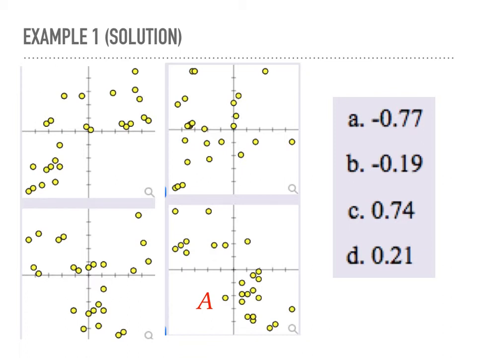The weaker of the two negative relationships was the bottom left. Then our positive relationships, we see a correlation coefficient of 0.74 and a correlation coefficient of 0.21. The stronger of the two positive relationships appeared to be the top left. The weaker of the two positive relationships appeared to be the top right.